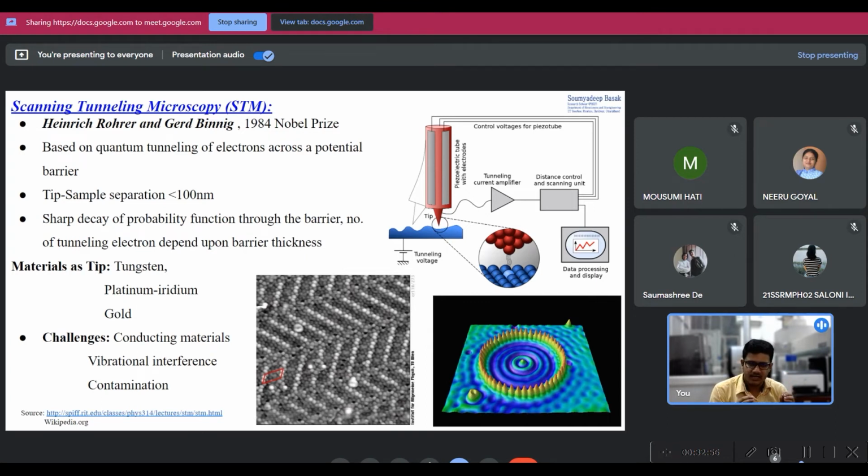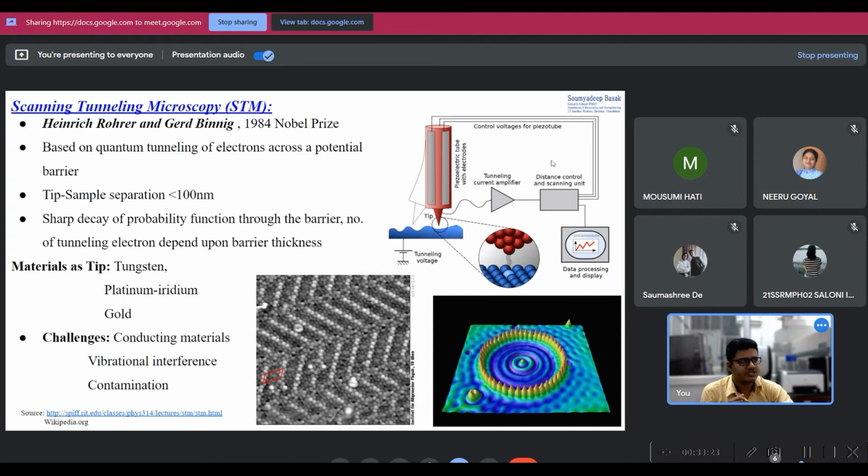So what it can do, when there is another conducting element very near, less than 100 nanometer distance, is that there can be a current flow. That is, the electron can jump to the other conducting material of opposite polarity. Right? So this phenomenon is called tunneling current.